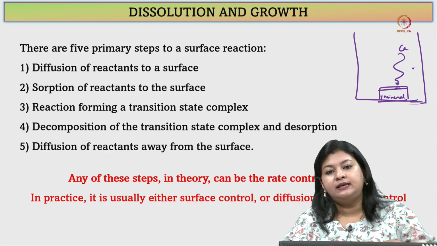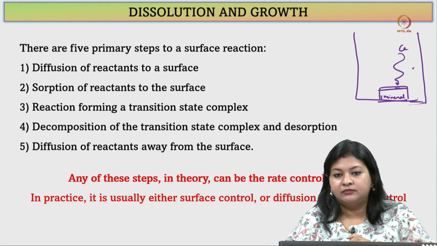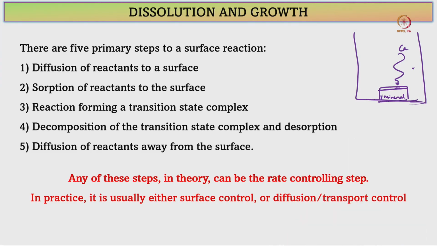In theory any step can be the rate controlling step, but generally from experiments we have noted that either it is the surface control, the nature of the surface that is interacting, or it is diffusion. So, diffusion of reactants to a surface and diffusion of reactants away from the surface, that is controlling the rate of the reaction. Okay.